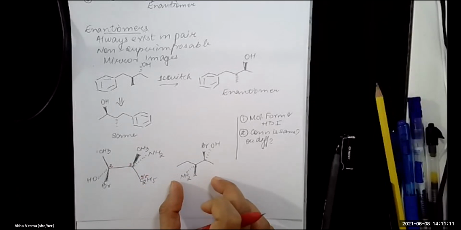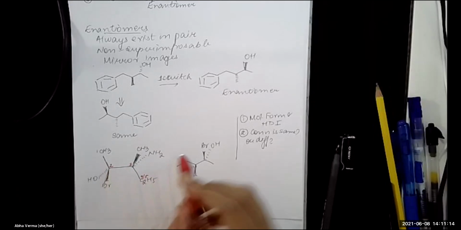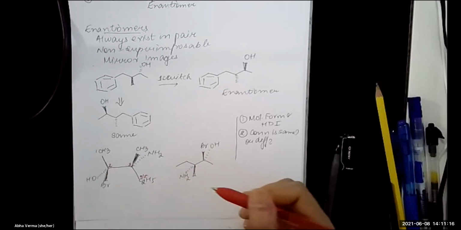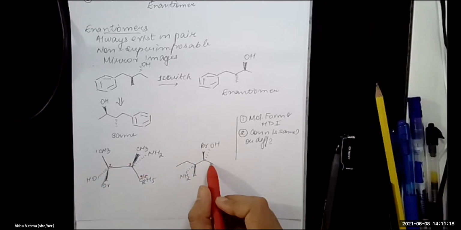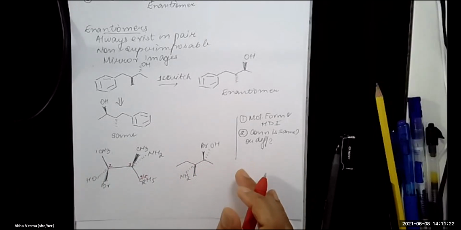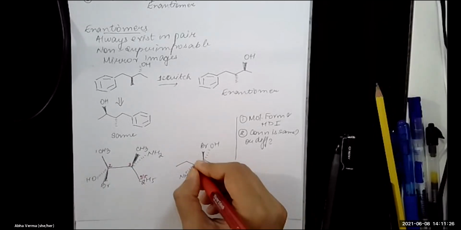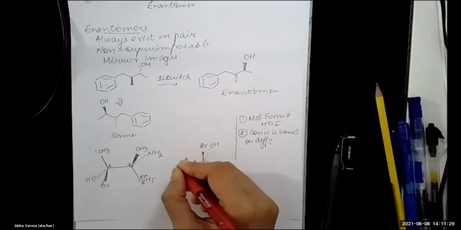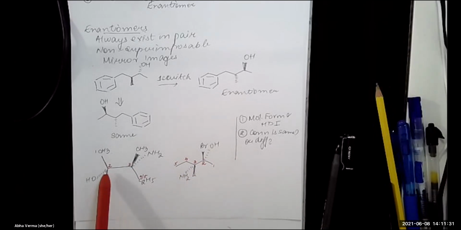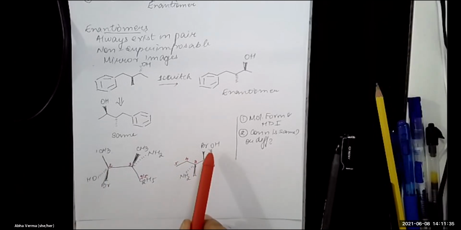On this structure, where is the connectivity? Where am I going to start my numbering from? First, I identify this to be my longest chain. And then I see that this is carbon 1, carbon 2, carbon 3, carbon 4 and 5. So on carbon 2, I have a Br and I have an OH.